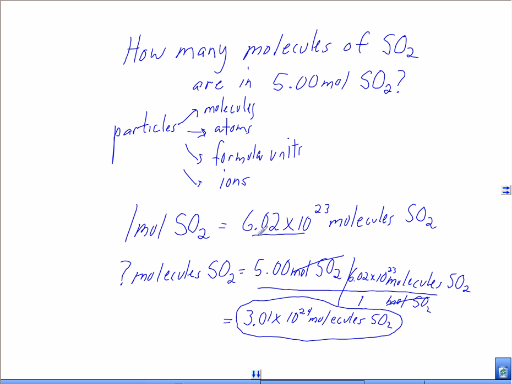So if you compare this number here, 10 to the 23rd, with our answer, 10 to the 24th, we see that 10 to the 24th is a bigger value than 10 to the 23rd. So that should tell us that we've probably done the question right, and we can move on to the next one. So that's your standard mole to molecule or mole to particle conversion.